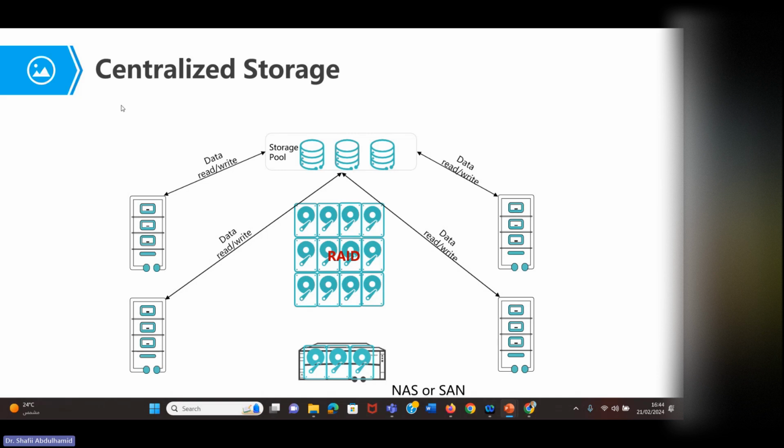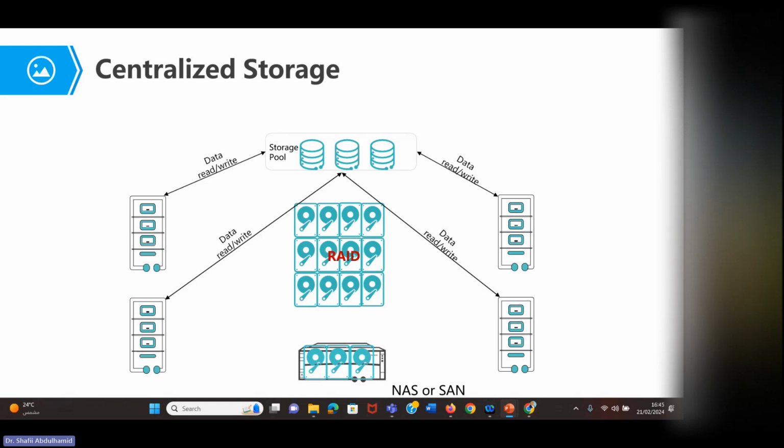In the case of centralized storage, at the lowest level we always have our physical disk spaces. These physical disk spaces can be as many as possible, connected either through a RAID or through another technology which we call replication.